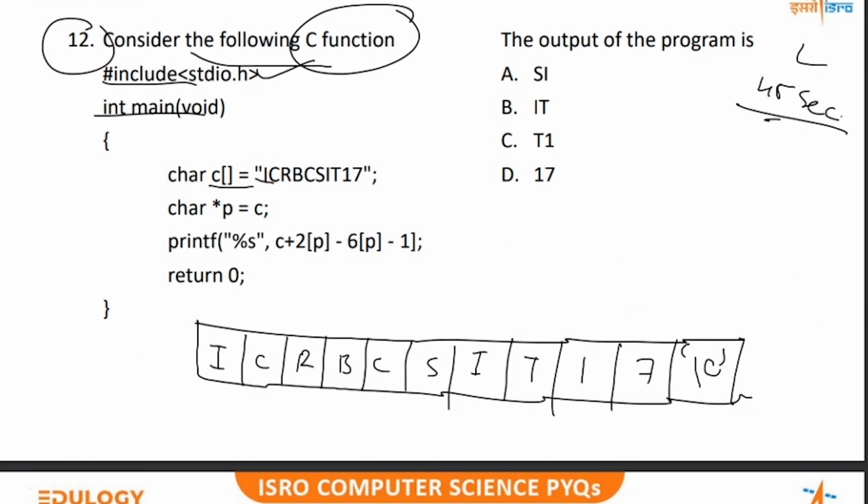Indexing always starts from 0. So 0, 1, 2, 3, 4, 5, 6, 7, 8, 9, and this is 10, the last null character.